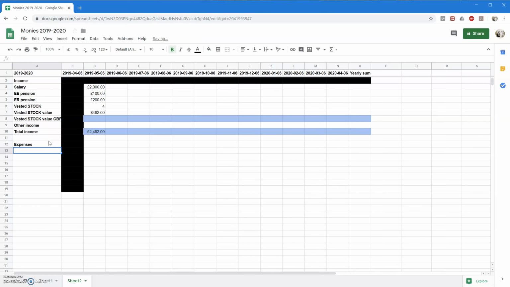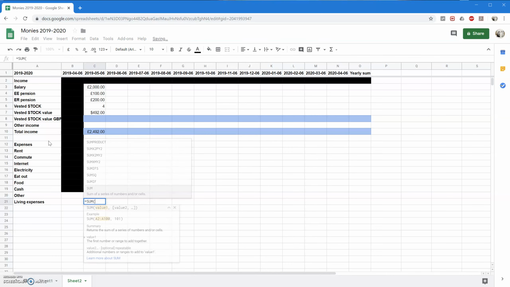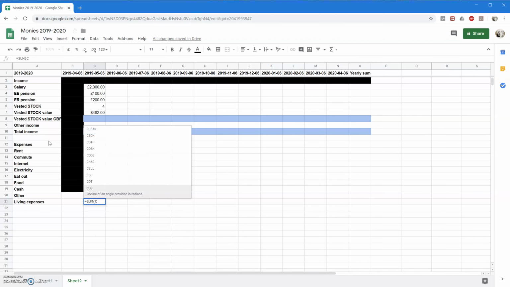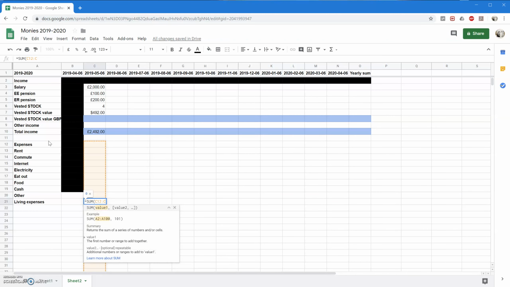And then you have expenses, rents, commutes. Cash is just untracked expenses, which sums up to be living expenses.